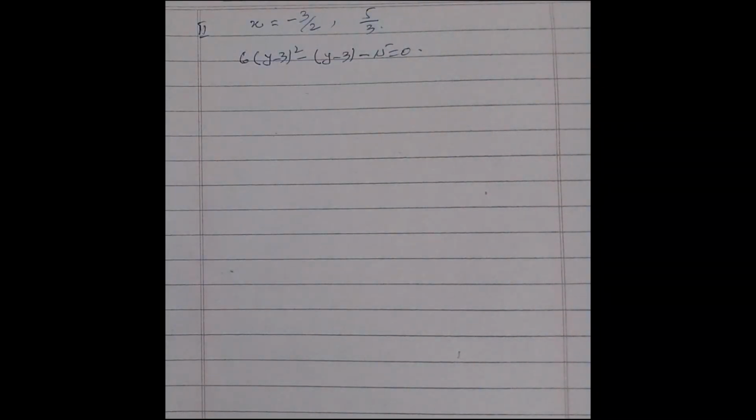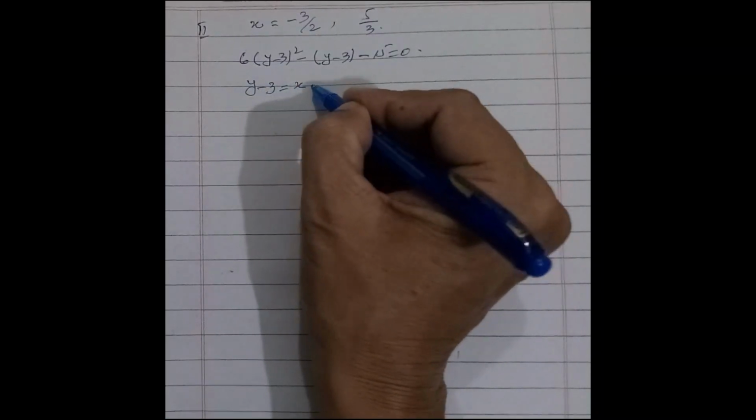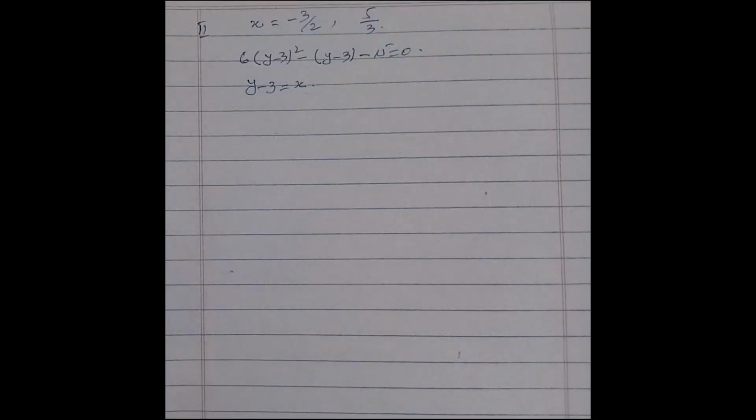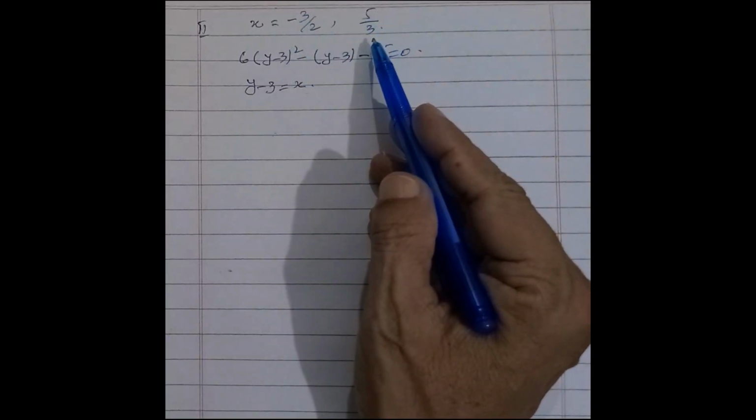When we compare the questions of part 1 and part 2, we find that y minus 3 is equal to x, and in part 1, the value of x is equal to minus 3 over 2 and 5 over 3.